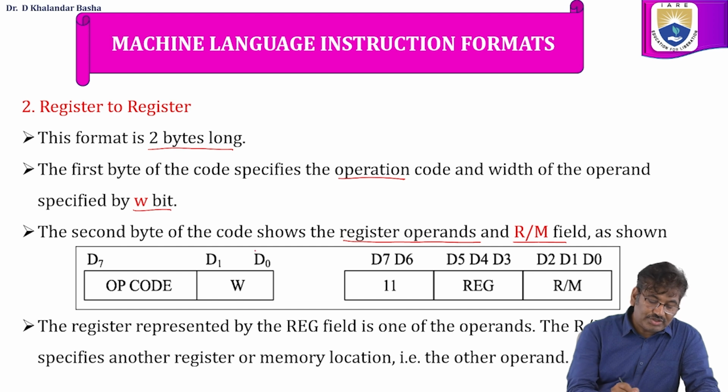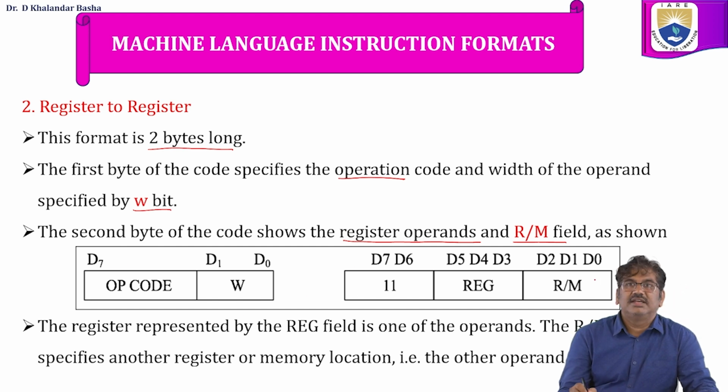So this is the first byte and this is the second byte. In the first byte, the last bit, D0, will specify the width of the operand, whereas D2 to D7 give the opcode.